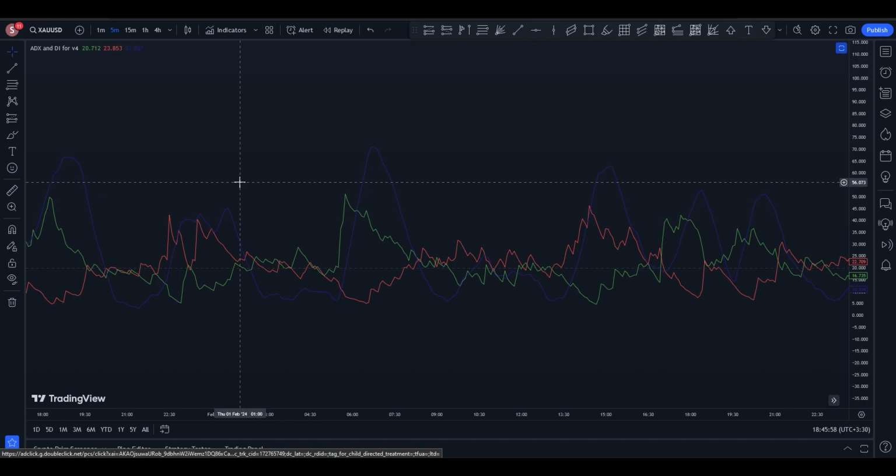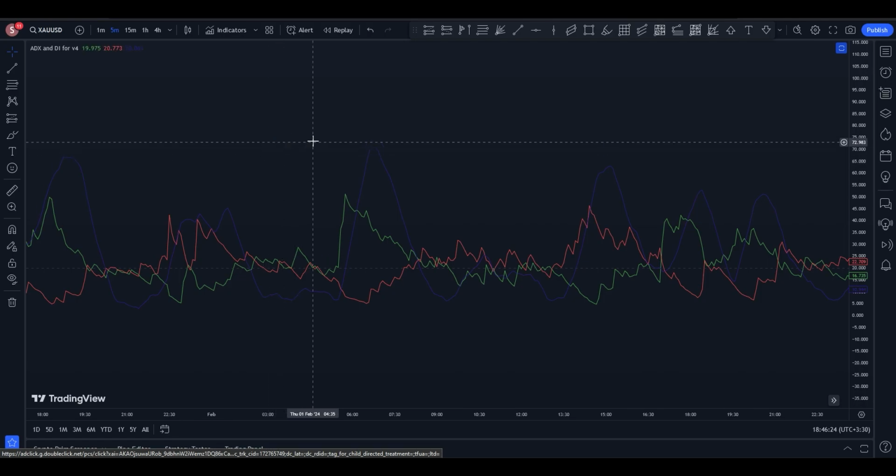Crossover: when the plus DI crosses above minus DI, it signals a bullish trend. When the minus DI crosses above plus DI, it signals a bearish trend. Traders can enter or exit trades based on these crossovers, depending on their trading style and risk tolerance.